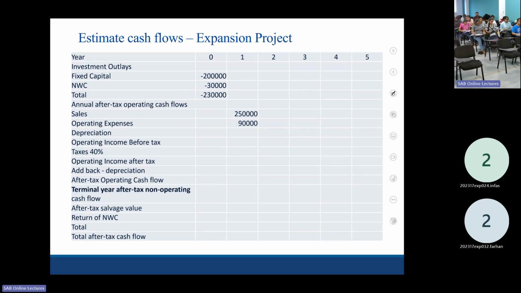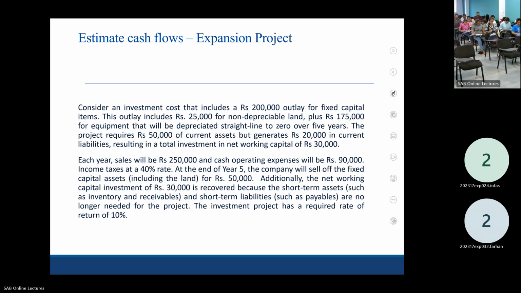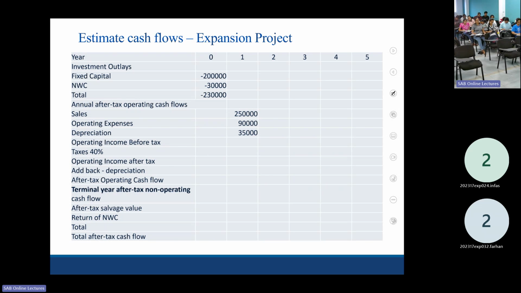So annual depreciation is 35. Yes, straight line basis over the life of the project. So then annual depreciation is 135,000 divided by 5. So your depreciation is 35,000.